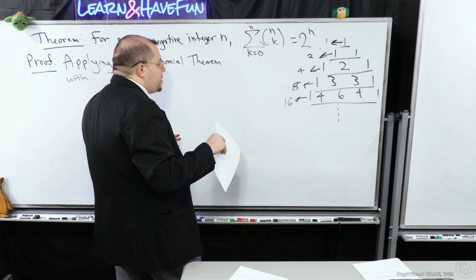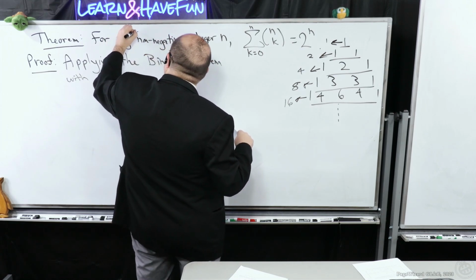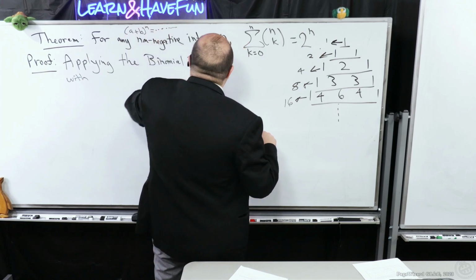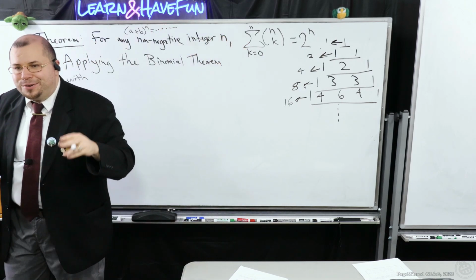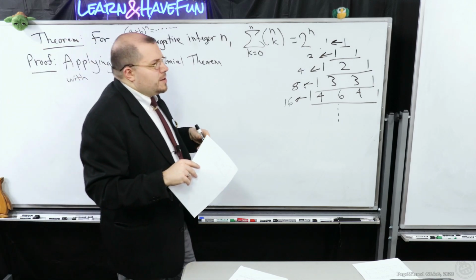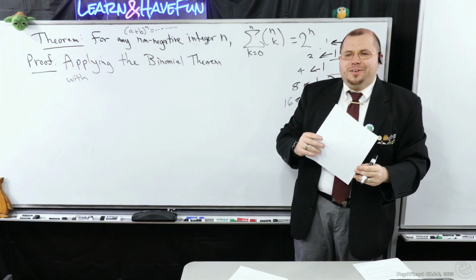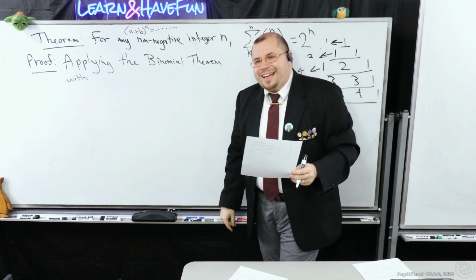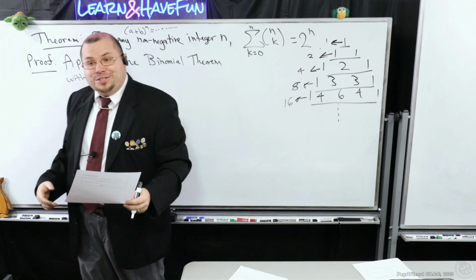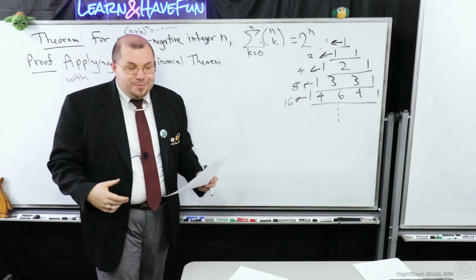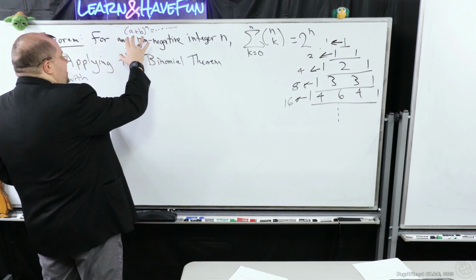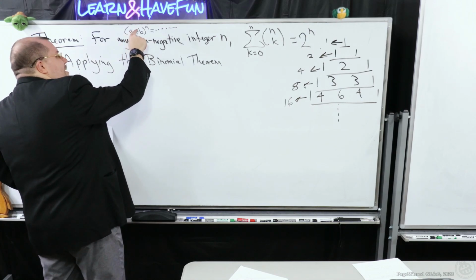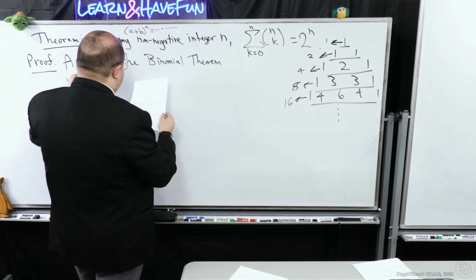Remember, the binomial theorem says (a plus b) to the power of n is equal to something with exponents on a and b. In a previous exercise, we noticed that if we just put 1 as a, you end up with something that always results in 1. So why don't we try something? I'll make sure that this is 2 to the power of n. So maybe make a 1, b 1, and we'll see what happens.